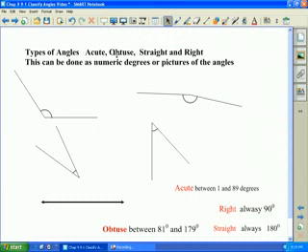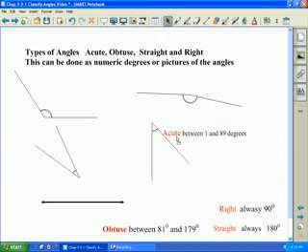Obtuse angles are going to be between 91 and 179. A straight angle, well, that's just a straight line. That's always 180 degrees. And we can have right angles, and those are going to be 90 degrees. And they typically will have a little drawing inside the angle itself, a little square. That way you know that it's a right angle.